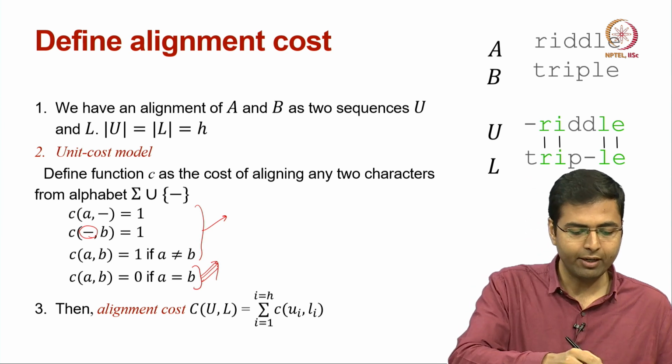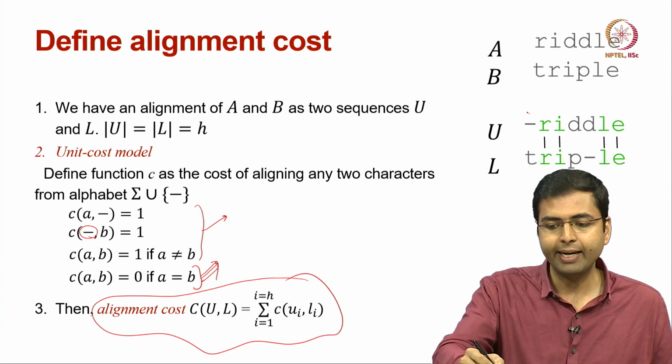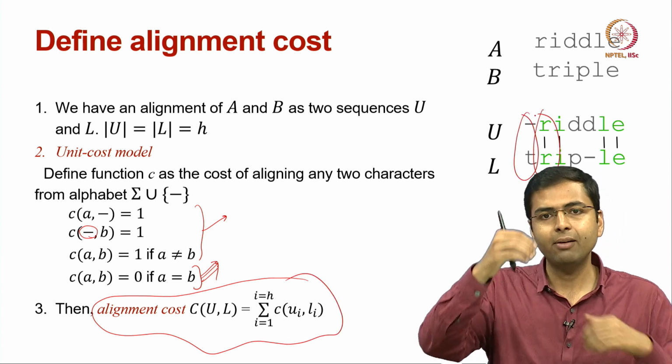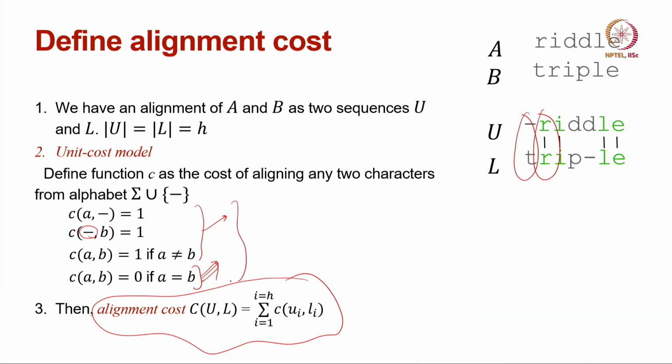Under this cost model, we can give the cost to the entire alignment by looking at the individual columns of the alignment, comparing the two characters and seeing whether they are matching, mismatching, or whether the dash symbol is involved. For example, in this case the alignment has cost 3 because of a mismatch, 1 insertion and 1 deletion. So, the alignment cost is necessary to define how good an alignment is.